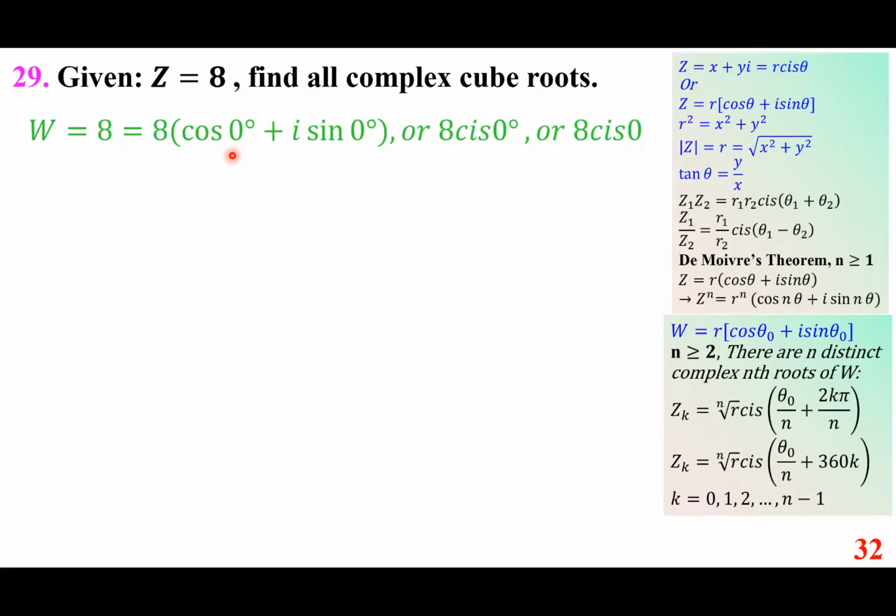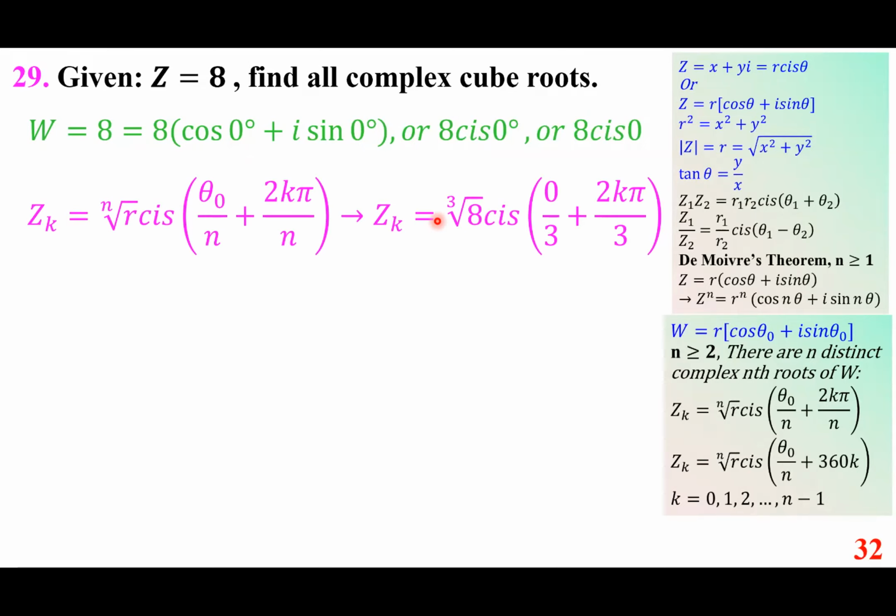Therefore, let's stick with this. We are going to go with the cube root of 8, cis 0 over 3. This is the original angle, theta 0 over n, that means 0 over 3, plus 2k pi over 3, or 360k over 3, either way.